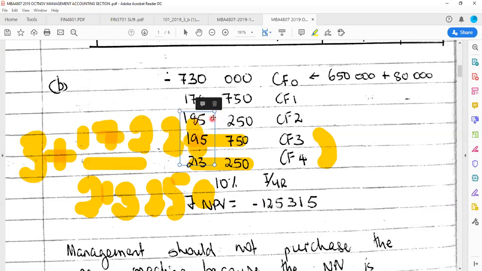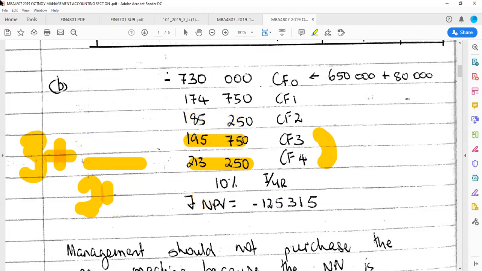And then you say 3 plus 172,250 over 213,250, which gives you 3.8 years.